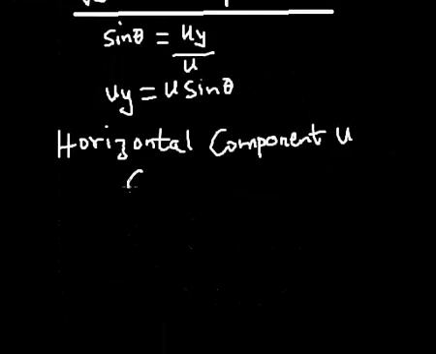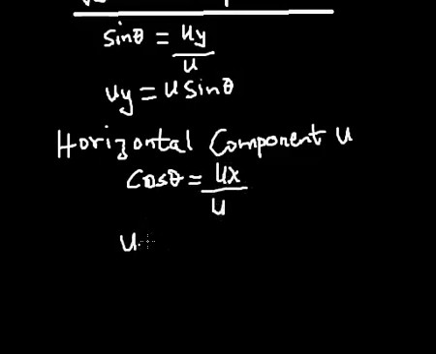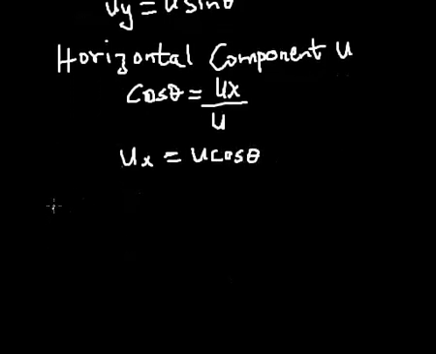So I'm using cos theta, which is equal to adjacent, ux, divided by u. So if I cross multiply this, ux becomes u cos theta. So please take note of this. So invariably now, u can be expressed in form of a vector in terms of ux and uy.